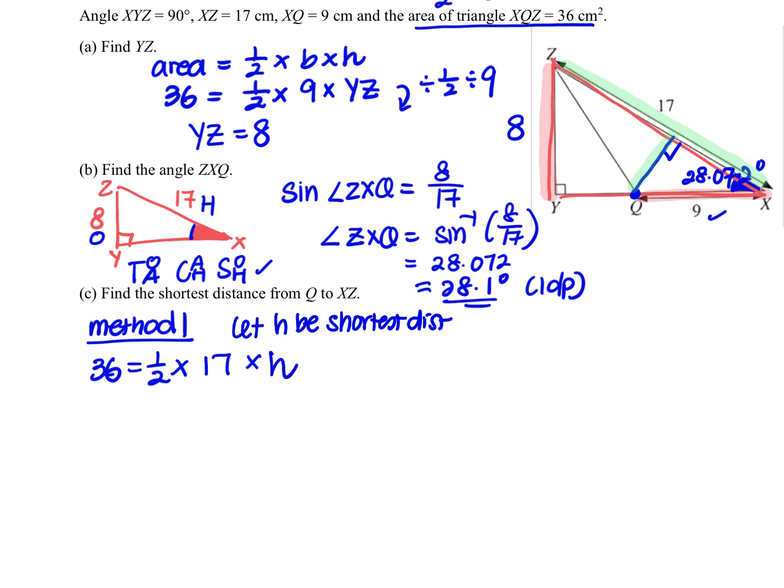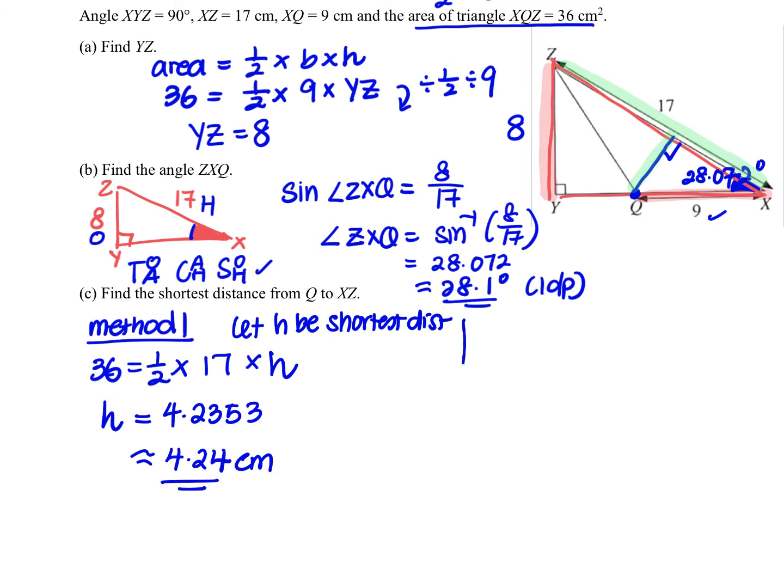So dividing across, I'm going to divide away half, divide away 17. And I get my answer to be 72 over 17. In decimal places, H is 4.2353. Then I round off to 4.24 cm according to the units. That's method 1.